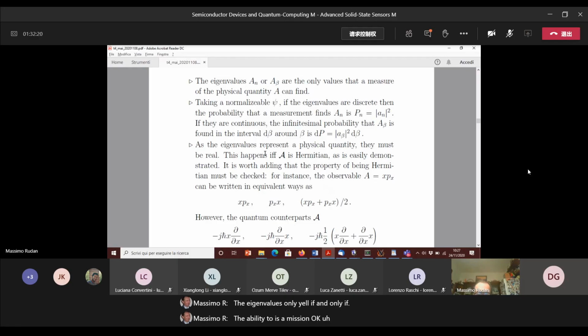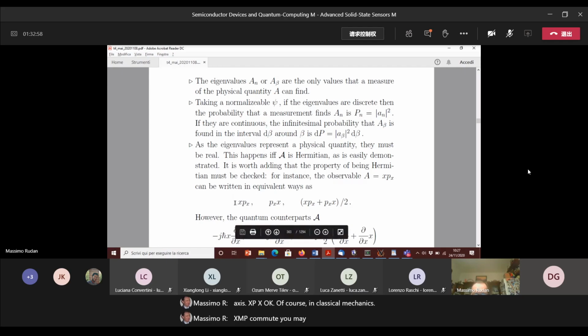We must check this property on a case-by-case basis. You have an example here. Take a very, very simple observable, that is x times px, the coordinate x in Cartesian components multiplied by the component of momentum along the x-axis. Of course, in classical mechanics, x and p commute.